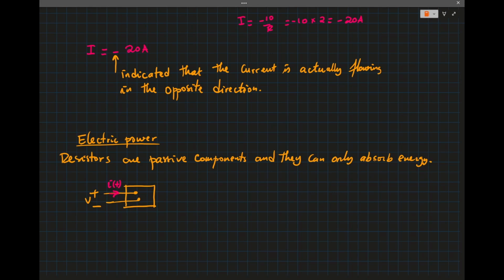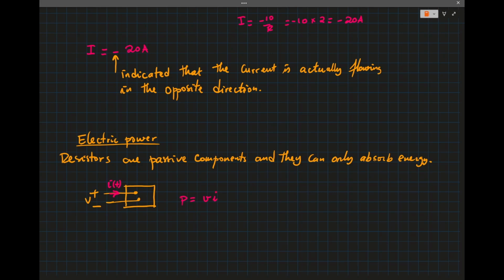I wanted to make sure that I label the direction of the current here. So now the power P is defined as V times I.